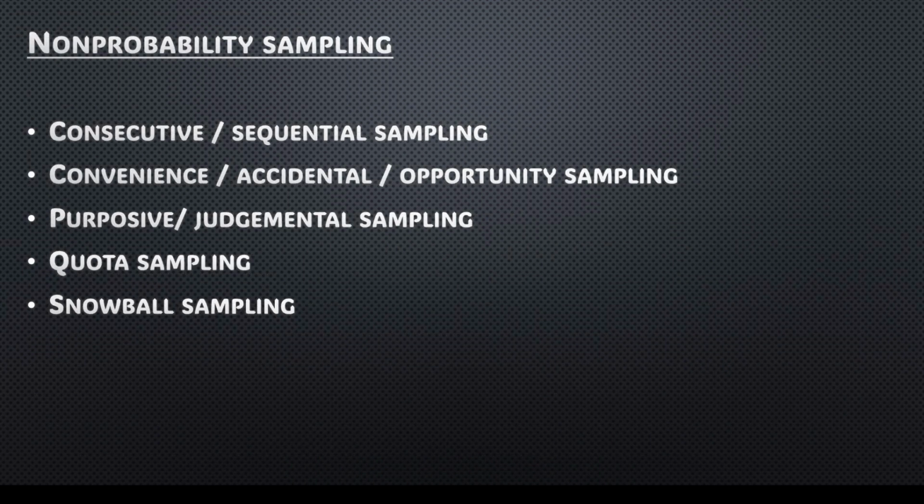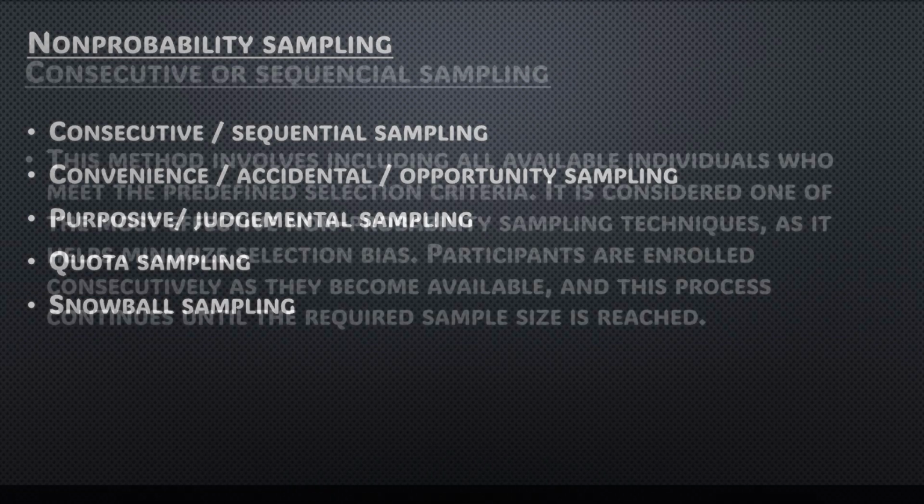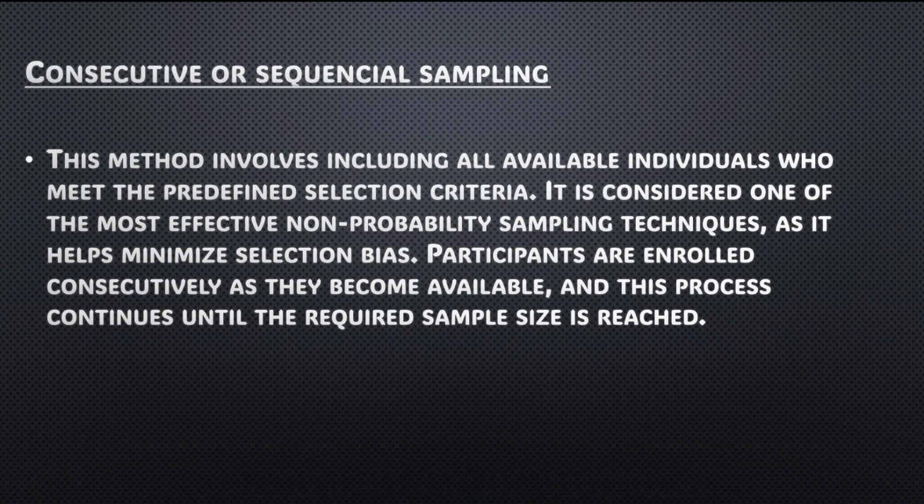Various types of non-probability sampling methods are consecutive sampling, convenience sampling, purposive sampling, quota sampling, and snowball sampling. Consecutive sampling, which is also known as sequential sampling.